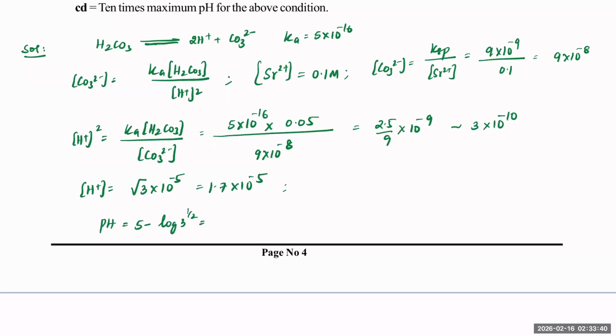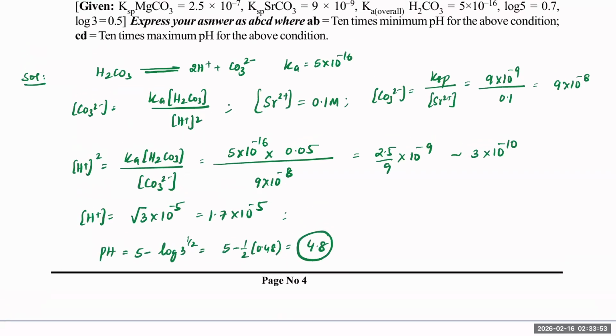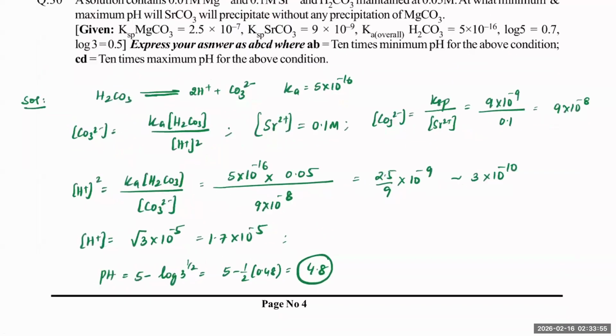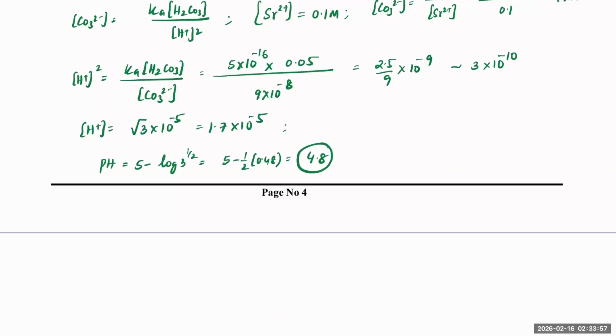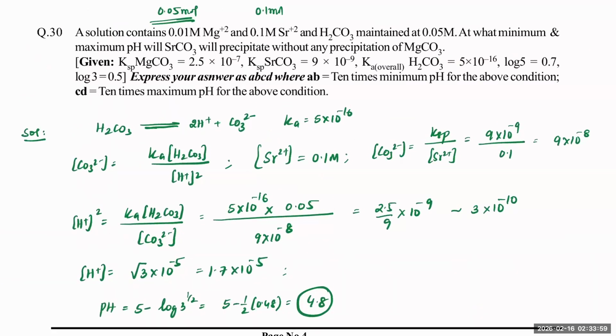That is equal to 5 minus half into 0.48. So that is coming approximately 4.8. Got it? Clear, everybody? This is the first case, beta.